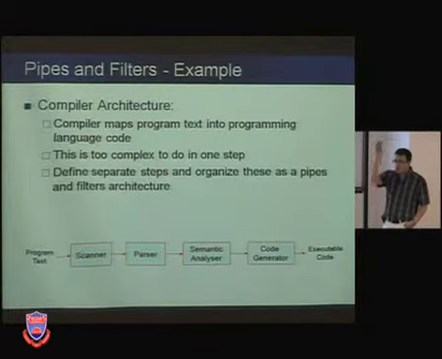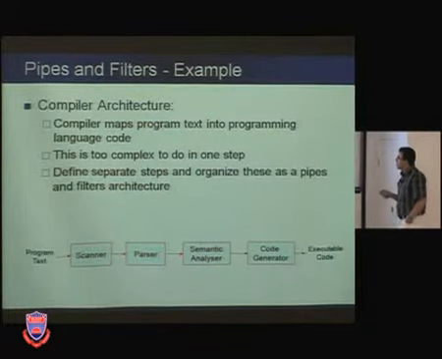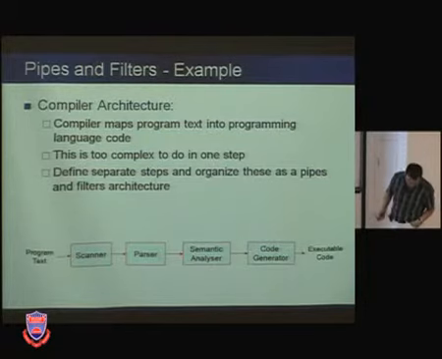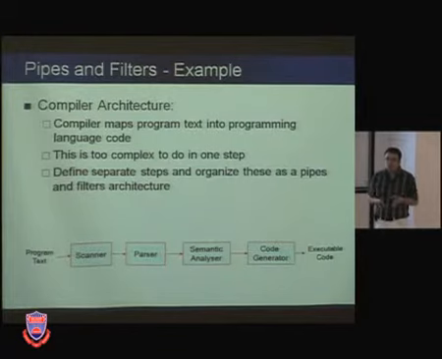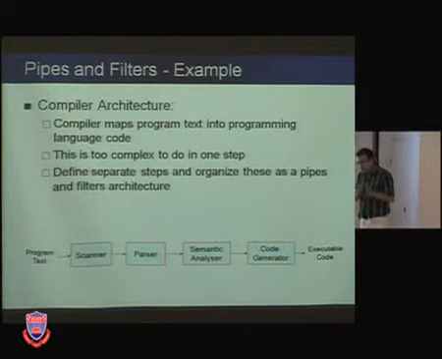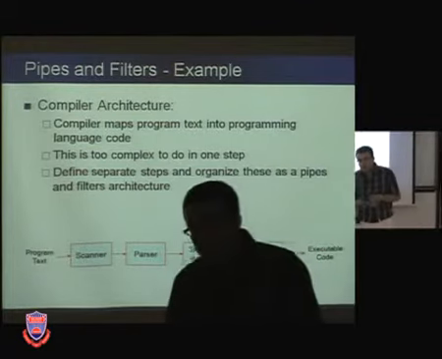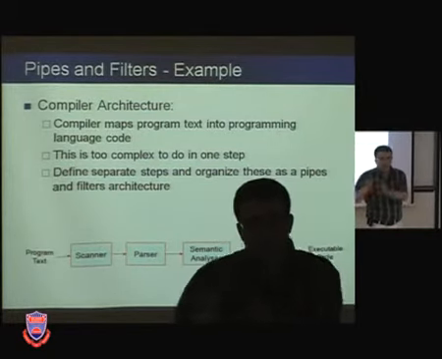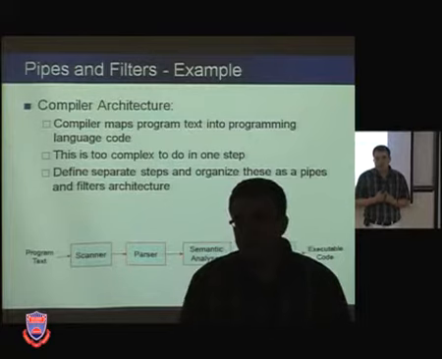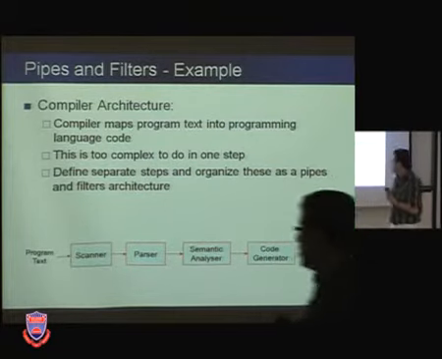You get a source program, and the compiler maps that program text into programming language code. This is very difficult to do in one step. So in the compilation domain, they define individual processing steps.